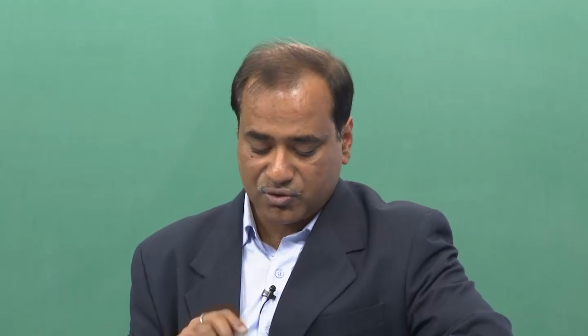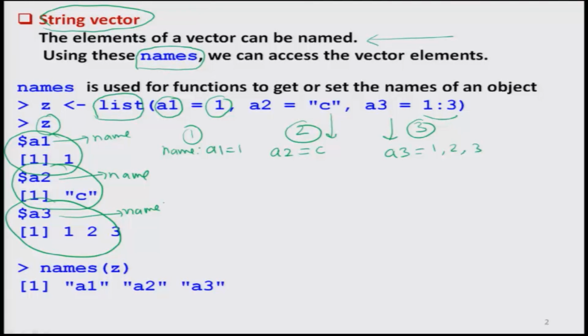Now please try to look at this example very carefully. Suppose my objective is to call 1. Now you can see here there are two places where we have 1. One place is here, and this is another place where we have 1.